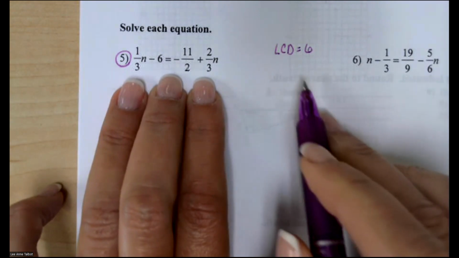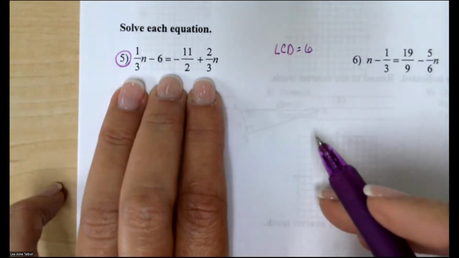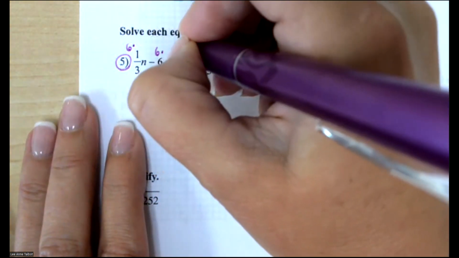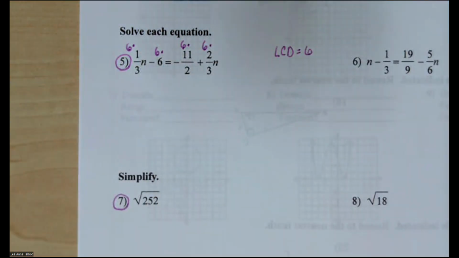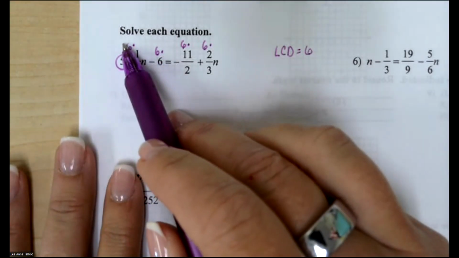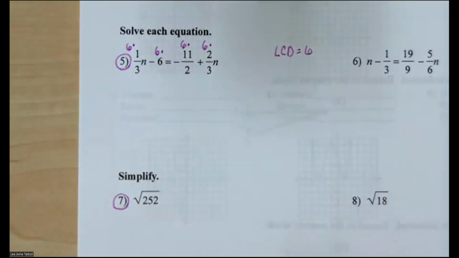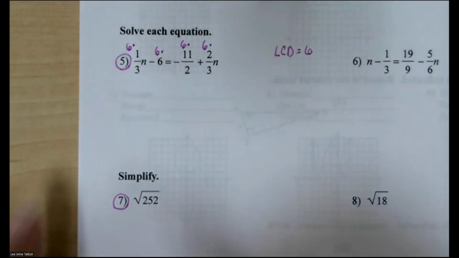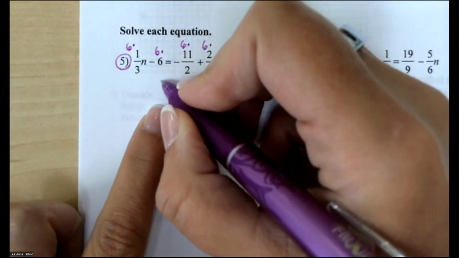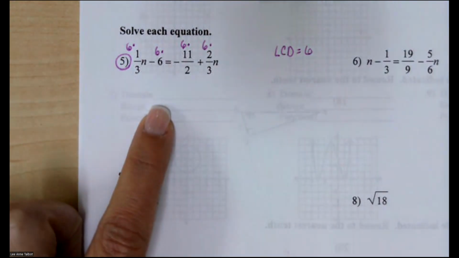Impressive, amazing. I like to write over here LCD equals 6. And what we do is we multiply all of the numerators by 6. I'm going to attempt to do this problem without a calculator. It's going to be great. Okay, numerators are all the tops. So you want to multiply all the tops by 6. And I want you to visualize in your mind this one here as an over 1 that we just don't write because we're too lazy.